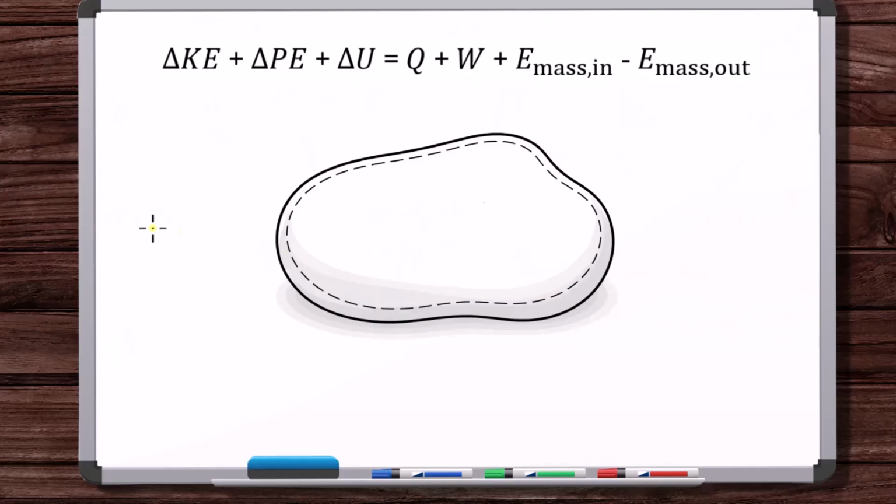Okay, so we want to start off by understanding exactly how the general first law works. So how exactly does what's shown here work? Well, the first law of thermodynamics is a statement of the conservation of energy.